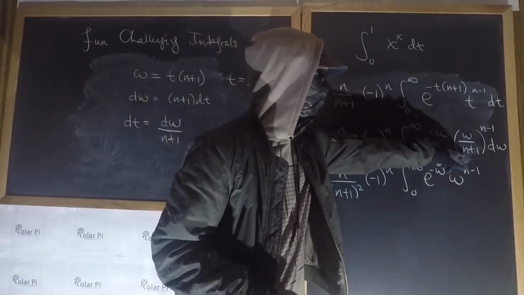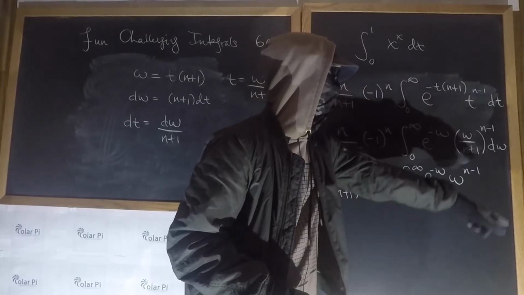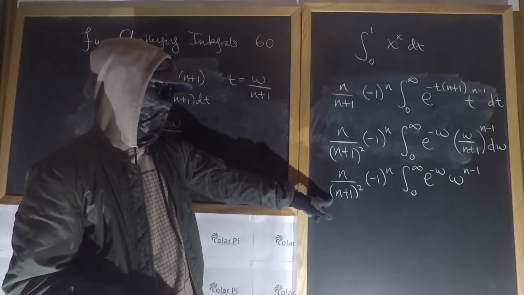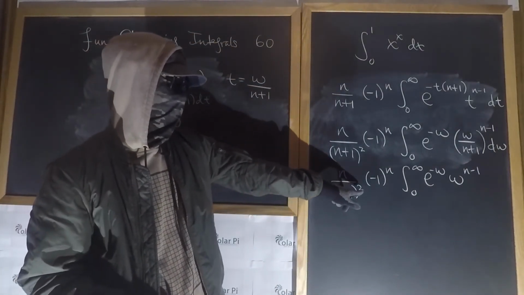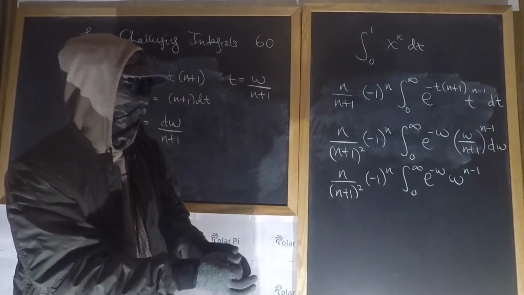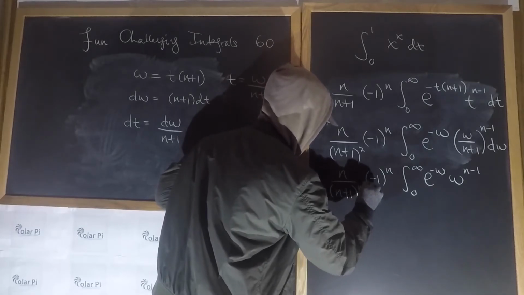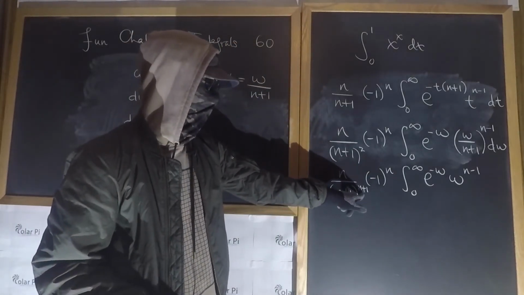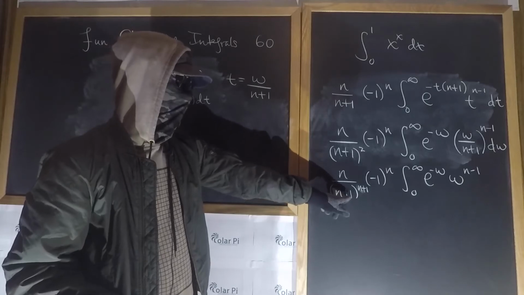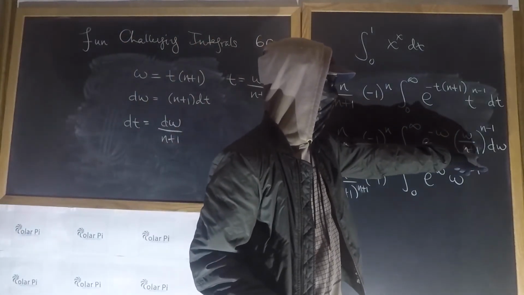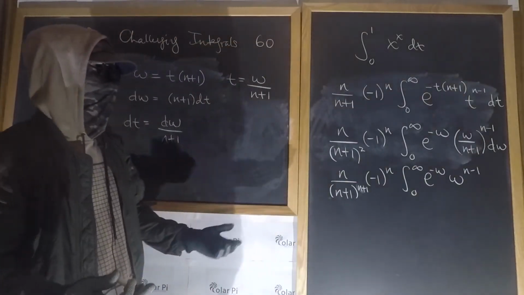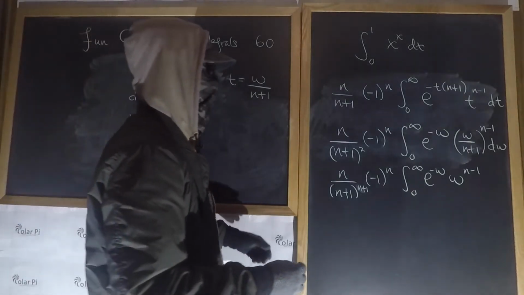So this n plus 1 in the denominator will have an exponent of n minus 1. But wait, we have an n plus 1 in the denominator here with an exponent of 2. So we can combine them, and instead of a 2 here, write an n plus 1. So I got this n plus 1 because we had an n plus 1 to the power 2, and here we have an n plus 1 to the power n minus 1. Simple exponent rules, right? Okay, dw.